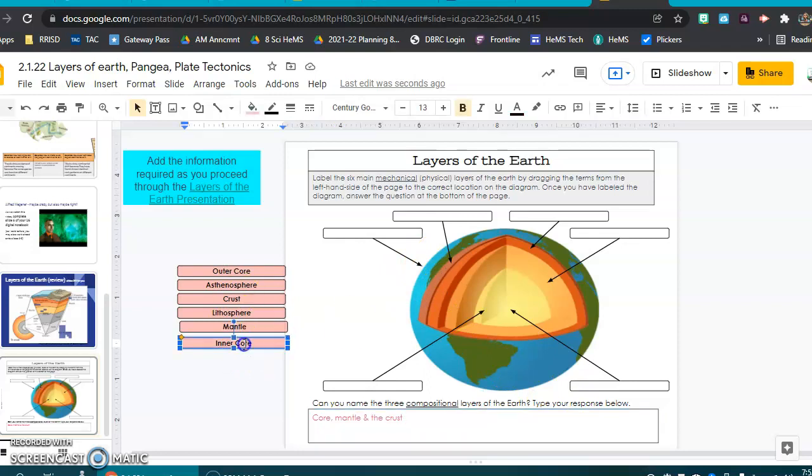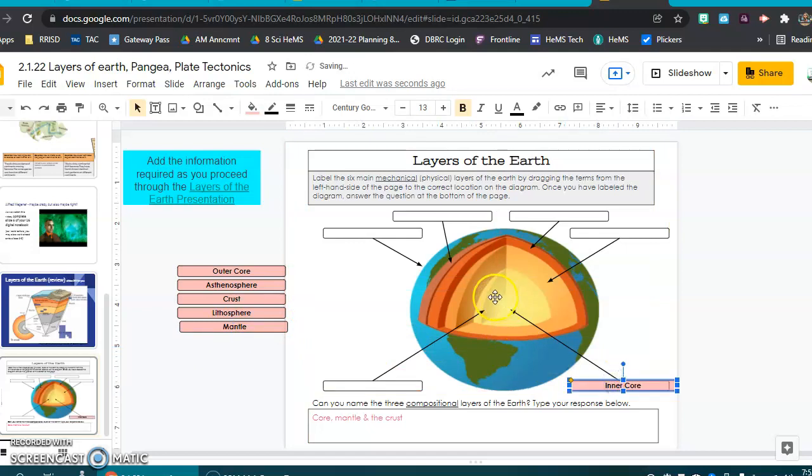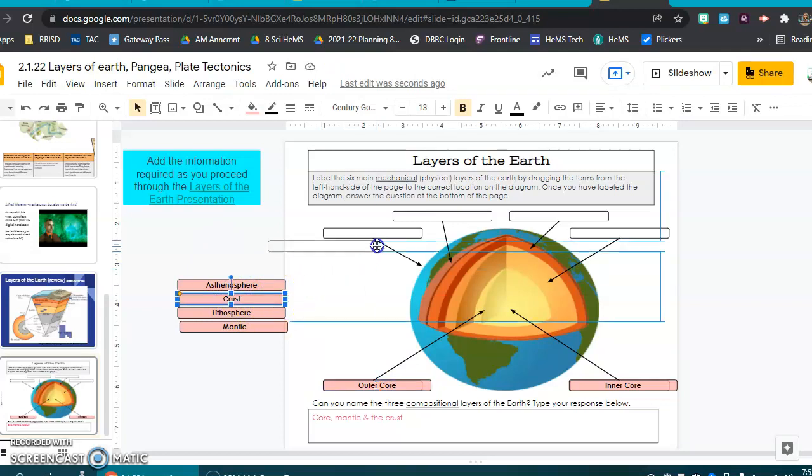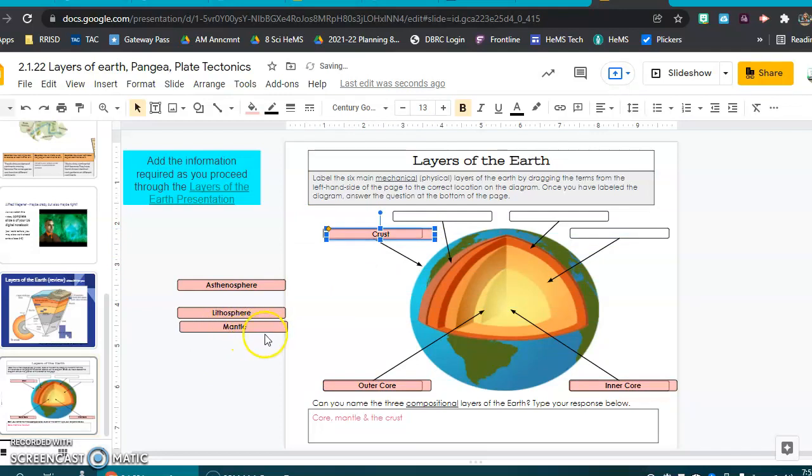So let's drag and drop. We're going to drag this one. Here goes our friend, the inner core. We're going to put the inner core right in the dead center. This outer edge would be the outer core. You're going to see a lot of these in high school. We're going to have the crust. If you get stuck and wonder which one it is, here's my crust, made up of both continental and oceanic plates.